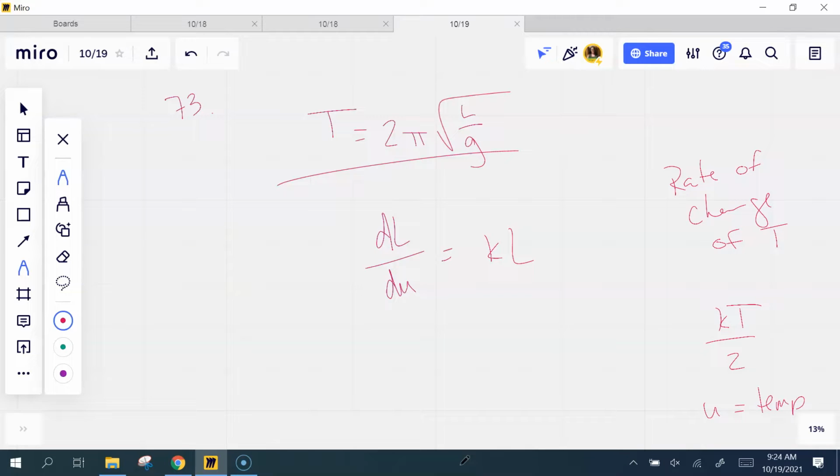Any ideas what we're going to do? Are we going to do the same thing like we did for 56? We're going to find the derivative of that equation. Kind of, yes. It is going to be very similar.